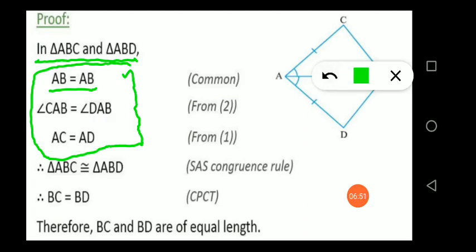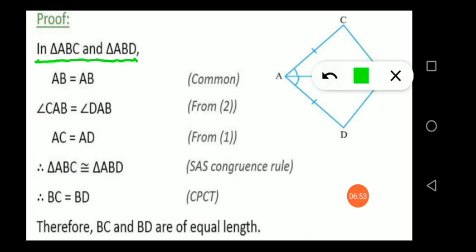After these three conditions, we know we need only three conditions for congruency. So these two triangles are congruent, and then we write by which rule they are congruent. After writing the three conditions, we write that the triangles are congruent, and also by which rule. It is necessary to write the rule.